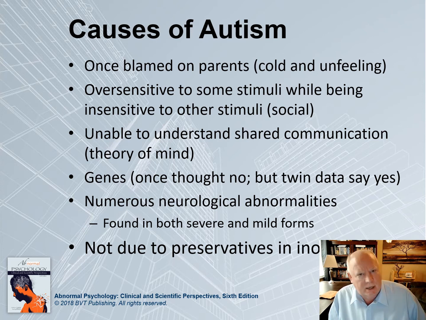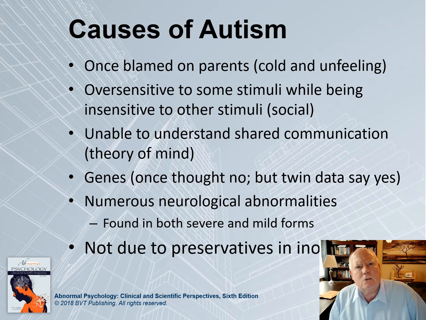What about genes? If you look at the textbooks 30 years ago, they all agreed that genes play no role in autism. No role. Your textbook and every other textbook tells you that the genetic contribution to autism is stronger than for any other disorder covered in this course.